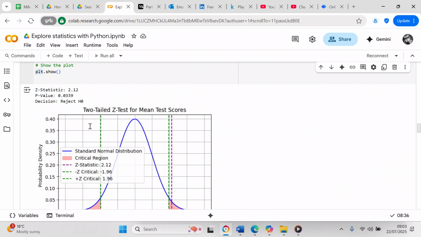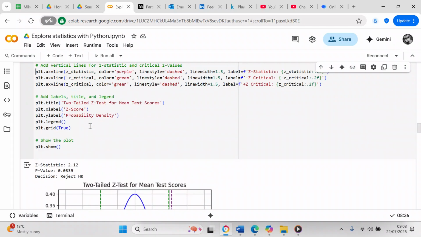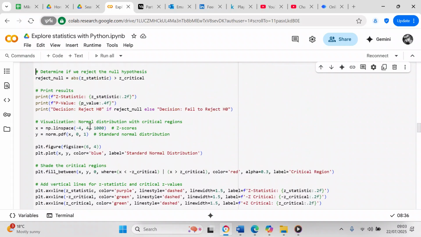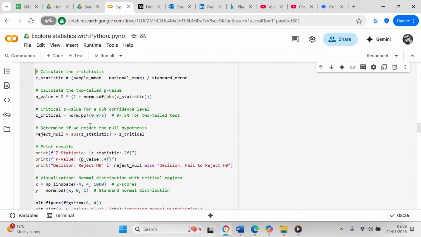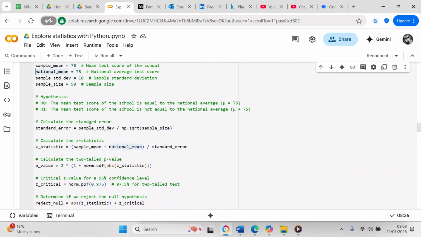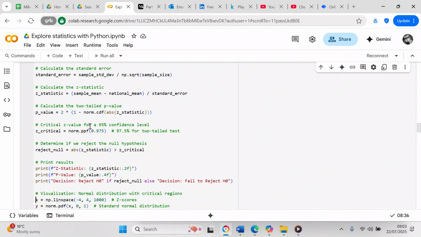That means the national average is not the same as the sample. But of course, we already knew that because the national average is 75 and the sample average is 78, so the sample average is 3 points higher than the national average.